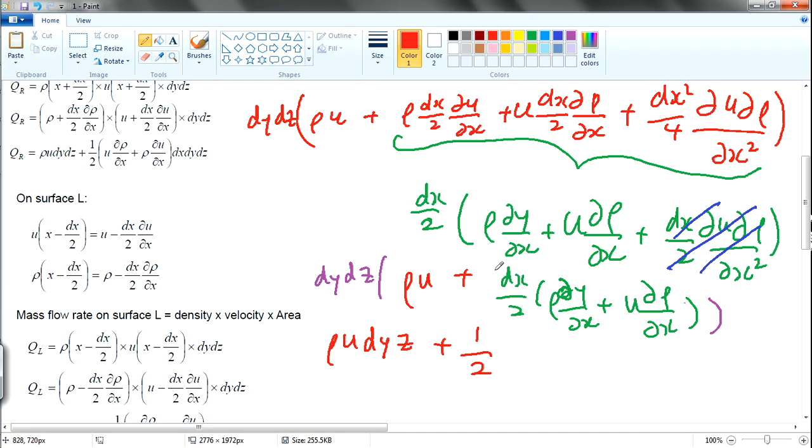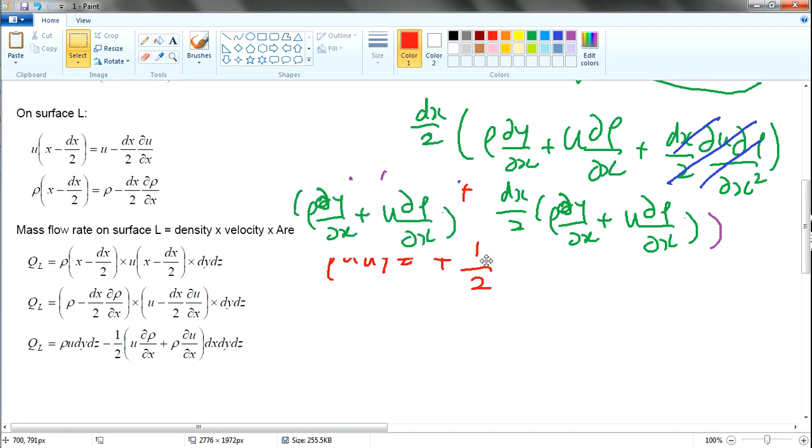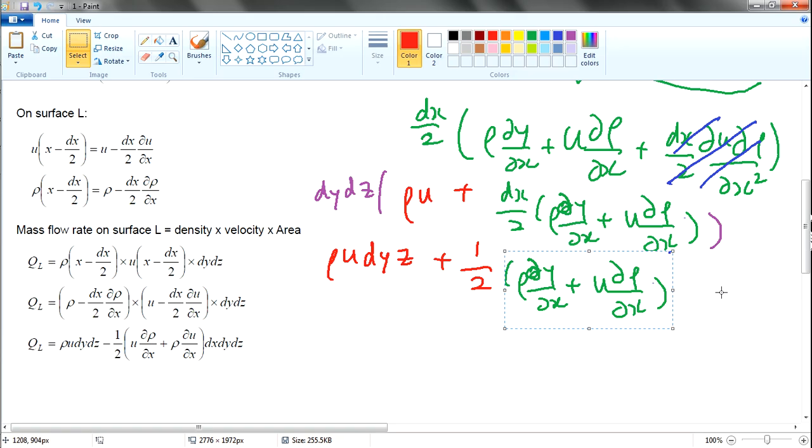So maybe I should copy this thing so I will not do any manipulation. So this portion I'll just copy and paste here, and then this dx I'll just move behind. Okay, and we have the dy dz multiplied in.